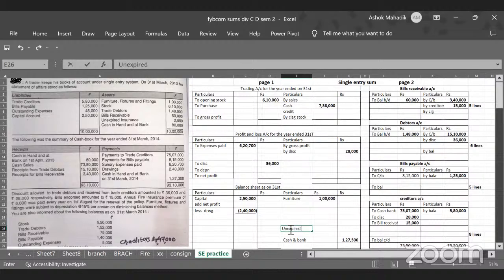Unexpired insurance. If any insurance, prepaid insurance, appears on the asset side in the opening balance sheet, keep it as it is in the closing balance sheet. Why? Because we are renewing the policy every year. So like last year we had prepaid 2,000, even this year it will be prepaid 2,000. We need not show any adjustment in expenses paid, because it already includes your 6,000 rupees paid.